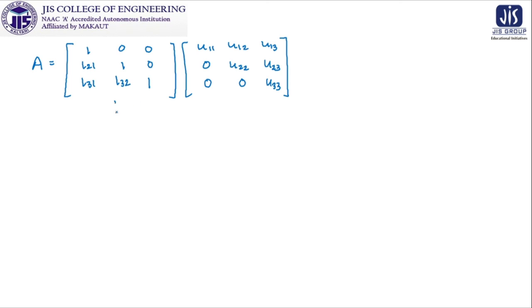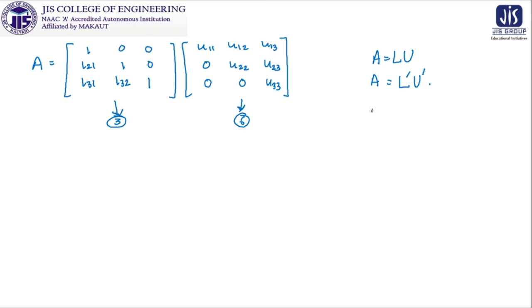And find out the 3 unknowns over here and the 6 unknowns over here using the information from A. Not only that, please check if in the previous problem it was A is equal to LU. Now the same A will be there, but I am denoting it as L dash U dash.